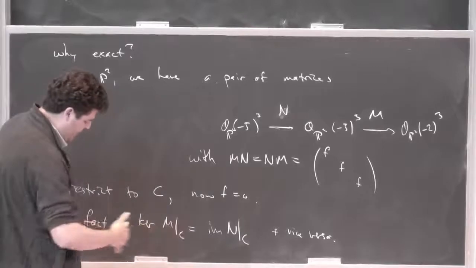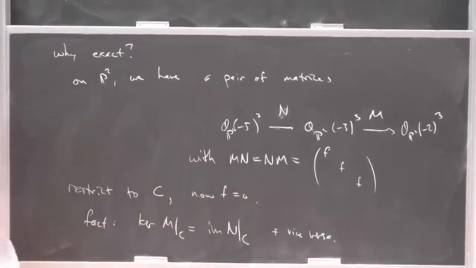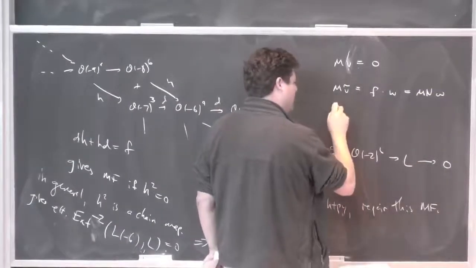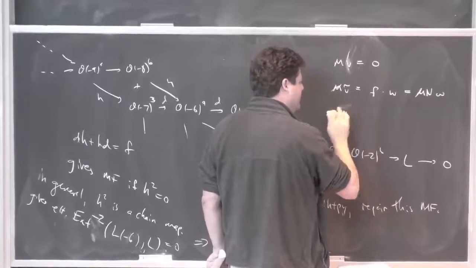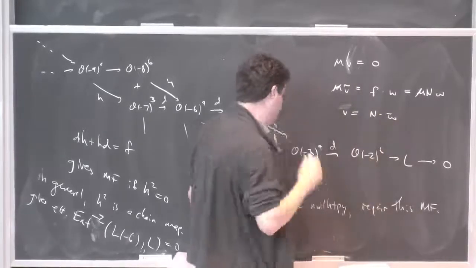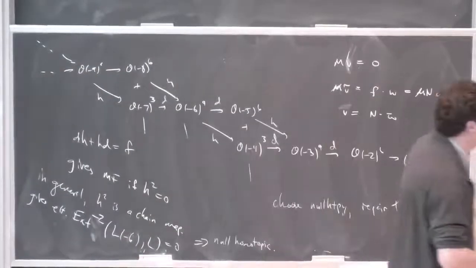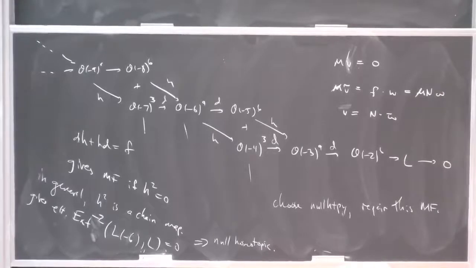If it was killed by M on C, then on the big ring, M times v tilde is f times some w, which is MN times w. So we can cancel the M's and say v is N times w bar. It's worth pointing out that saying this is a matrix factorization on P2 says that this thing is exact on the curve. So does that answer your question? Great.